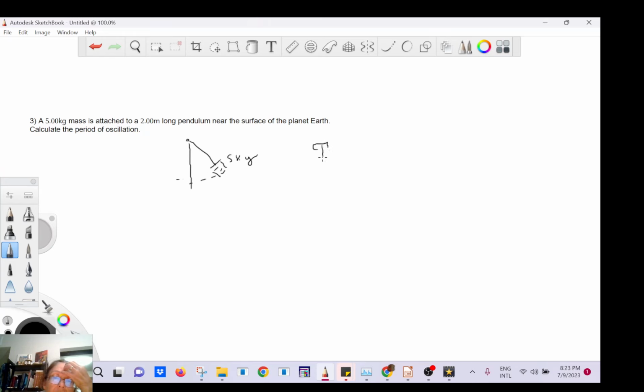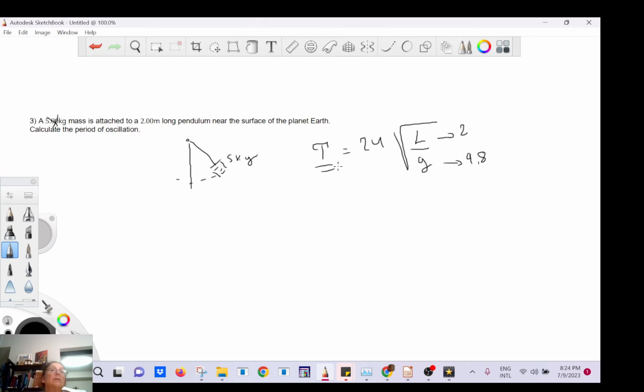You still have the period equals 2 pi the square root of the length over g. And so this, we don't care. This is 2. And this is 9.8. So you can find the period in seconds, right? And I don't know what you find.